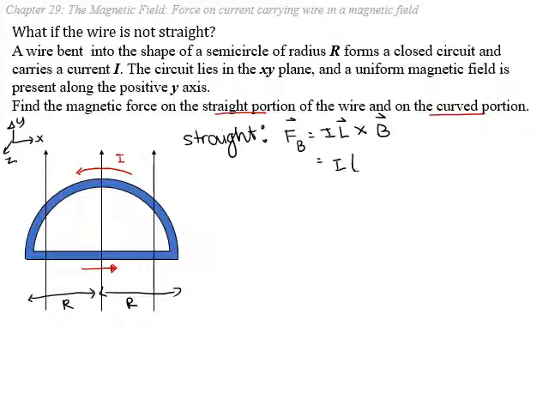So I've got I times L. The direction of L is the same as the direction of I, so that's to the right, in the I hat direction. So I've got 2R I hat.